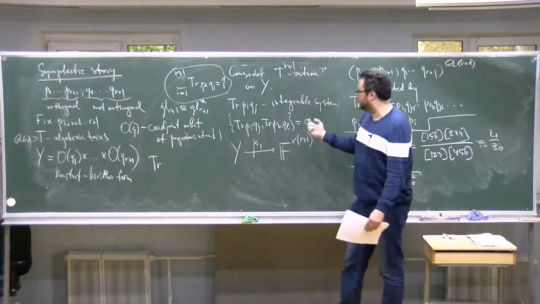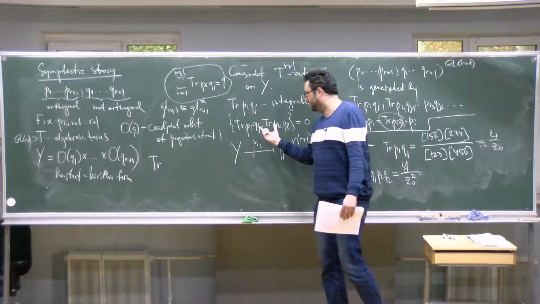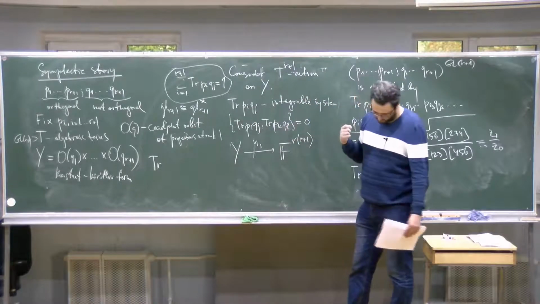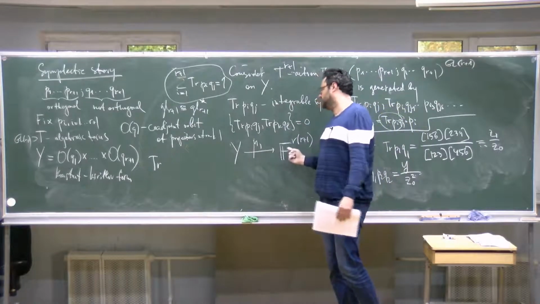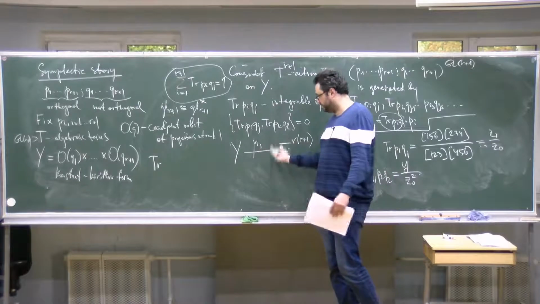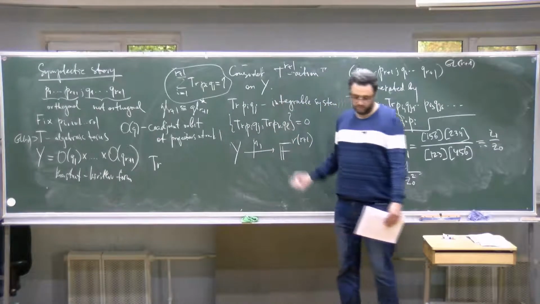So we can find the following set of functions, and we can consider the following map. This map is a moment map under the action of this group.